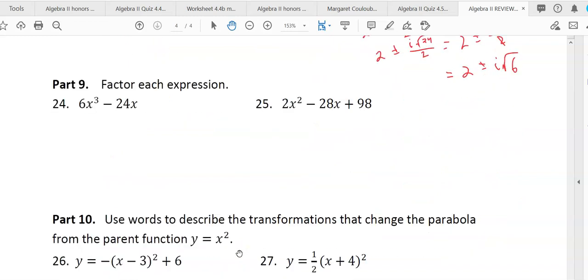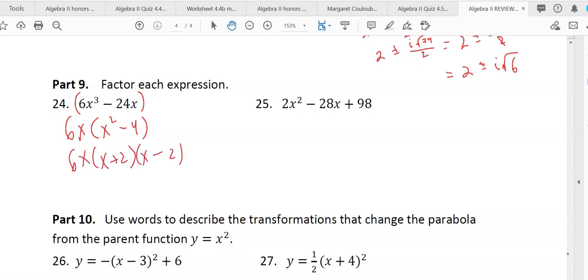For factoring, this one just looks like it has a GCF, 6x, well at least that's what it looks like at first, times x squared minus 4. Oh, more factoring to be done. So 6x, hopefully you see that that's a difference of squares. So x and x, 2 and 2, one of them's plus, one of them's minus. And you have to solve this factor.